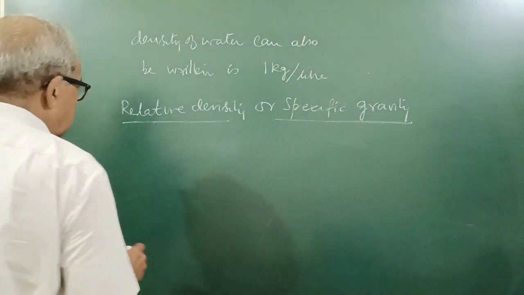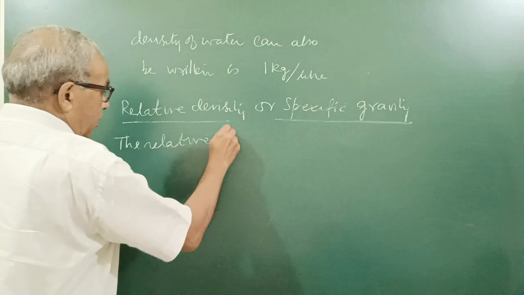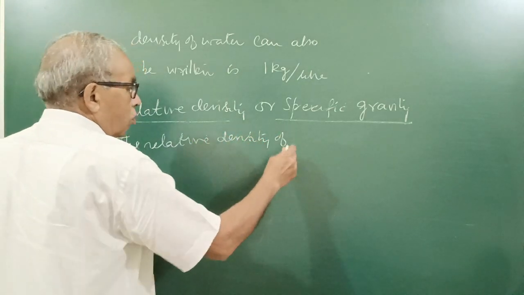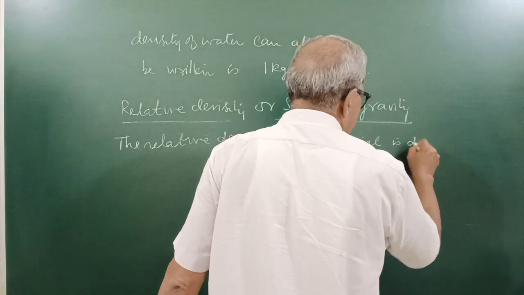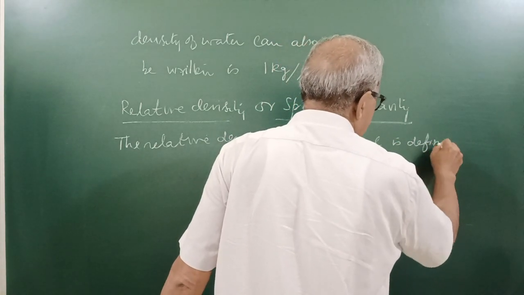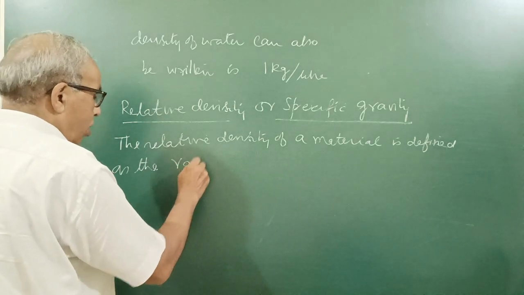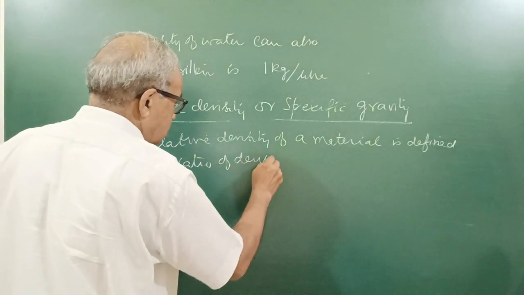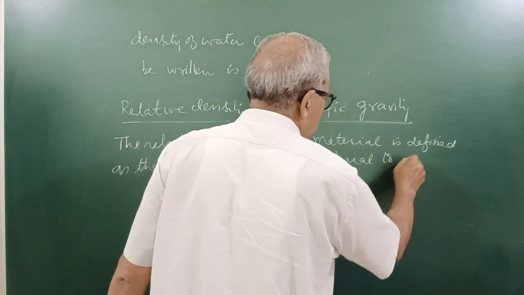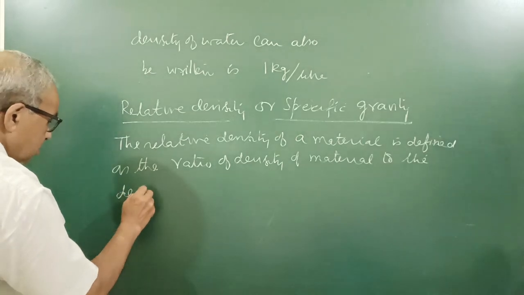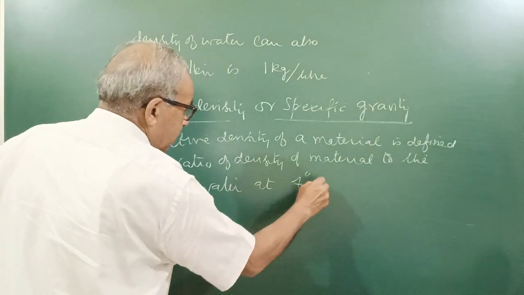So what is relative density? The relative density of a material is defined as the ratio of density of the material to the density of water at 4 degrees centigrade.